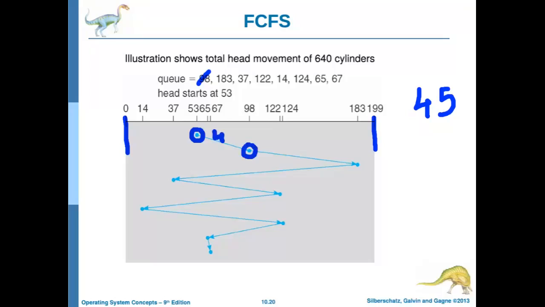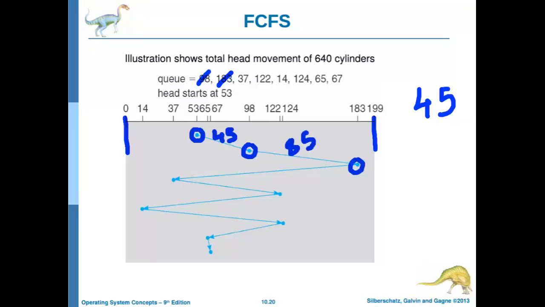Now next in the queue, because the algorithm is first come first serve, is 183. So 183 minus 98 is equal to 85. So now my head reaches here.